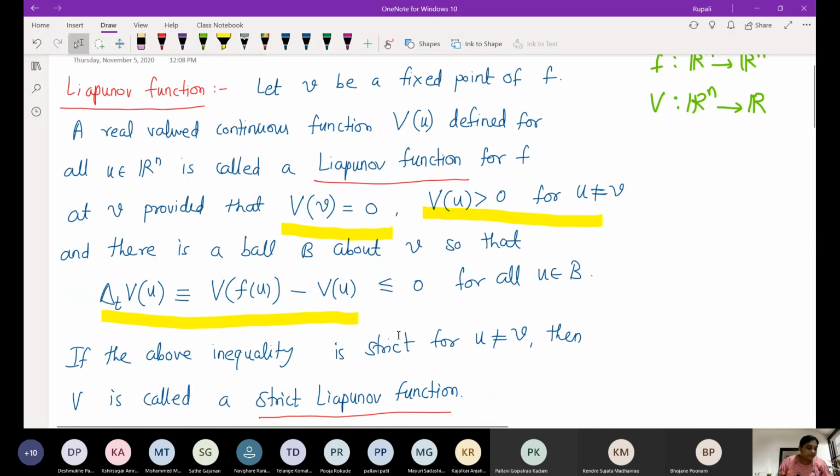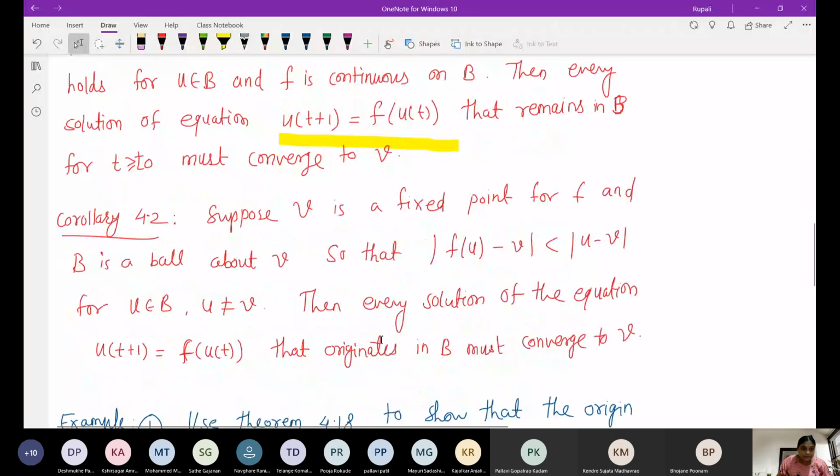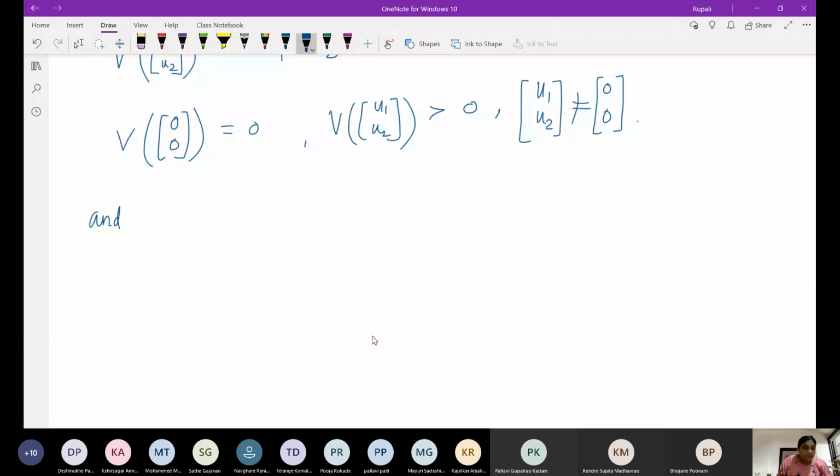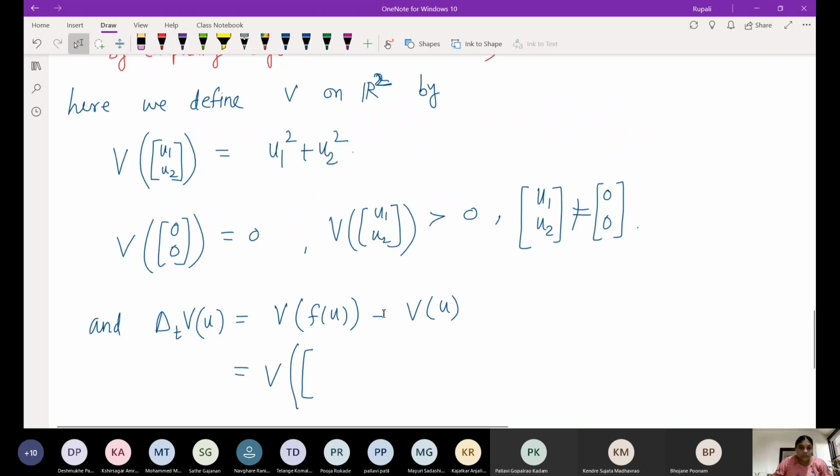So let us find that. What is delta T at VU? It is V at FU minus V at U. So what is V at FU here? What is my FU for this?